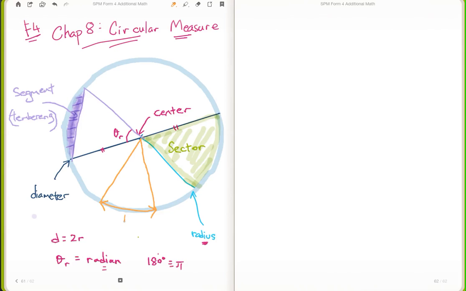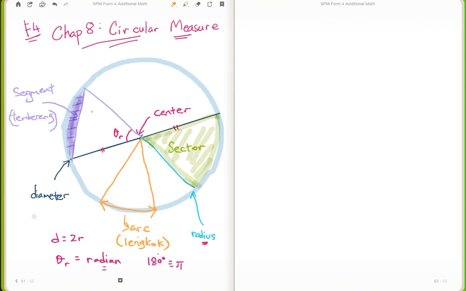This is called the arc length, or in BM is called panjang lengkok, L-E-N-G-K-O-K, panjang lengkok. This is the length of an arc, or length of arc, panjang lengkok.